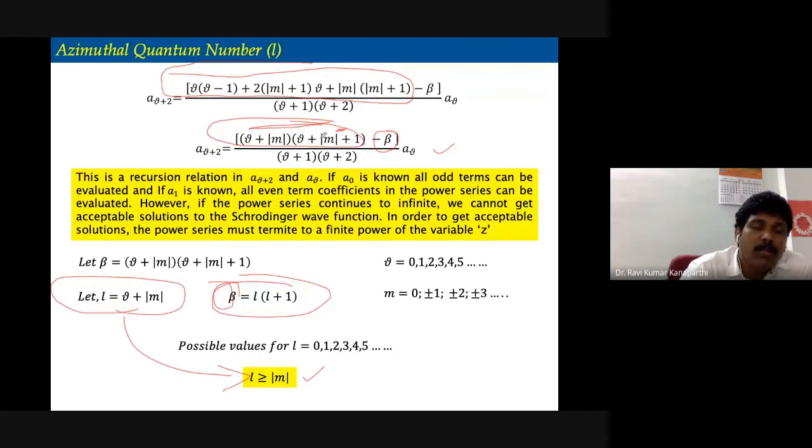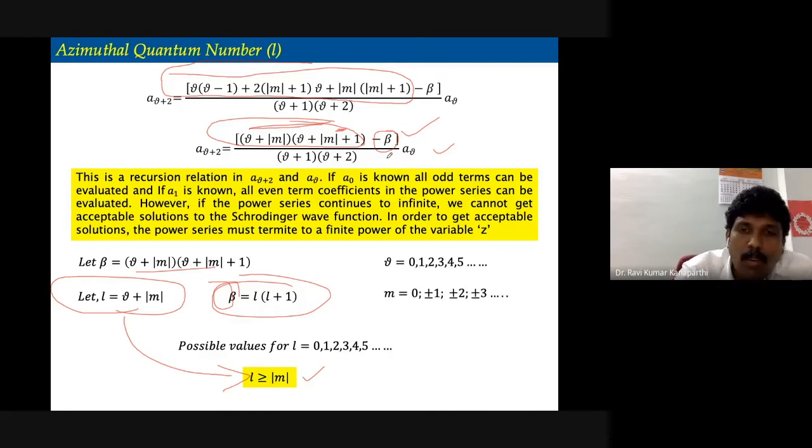Any value for L which does not satisfy this particular relation is not acceptable. The difference has to be 0. Only then will we get acceptable solutions.